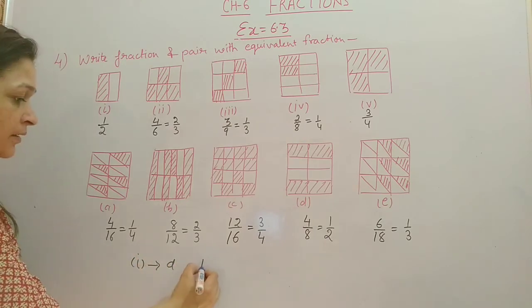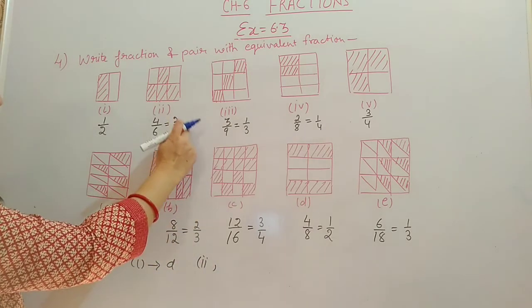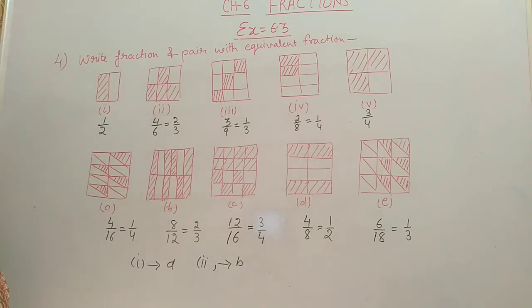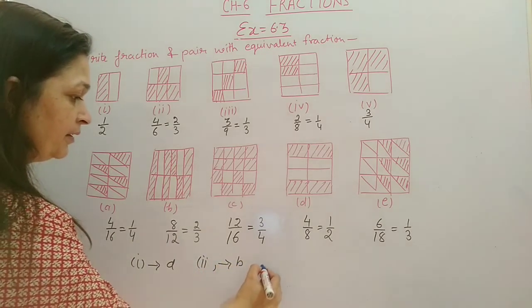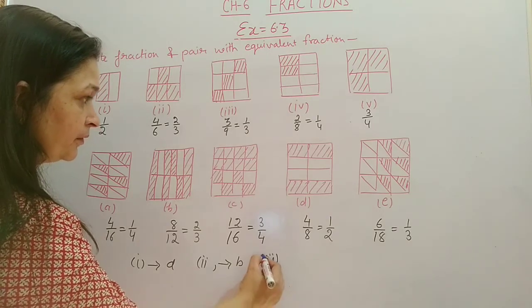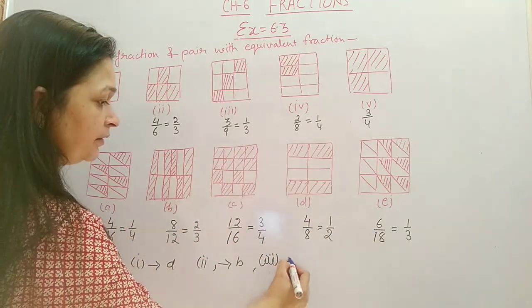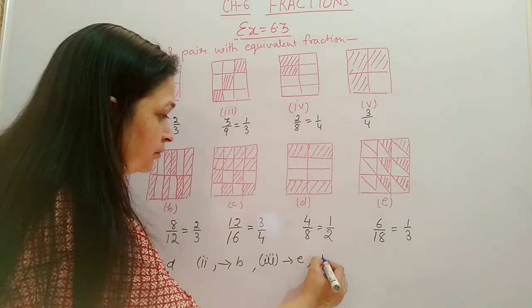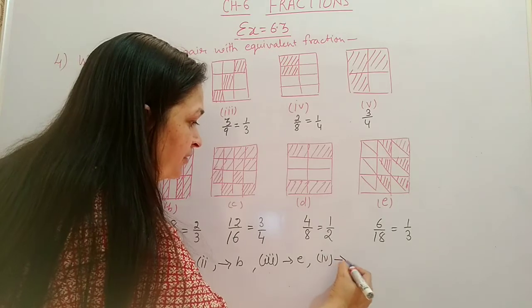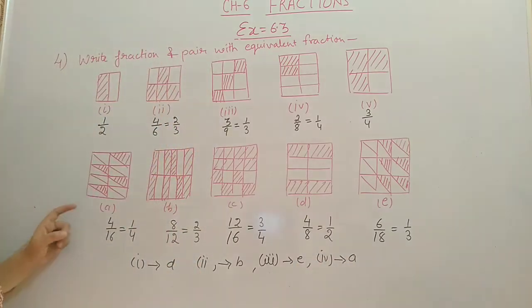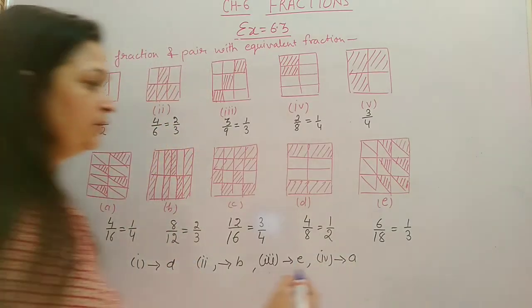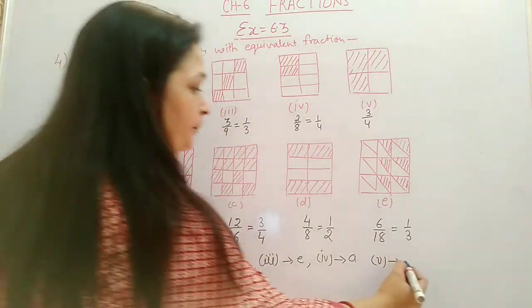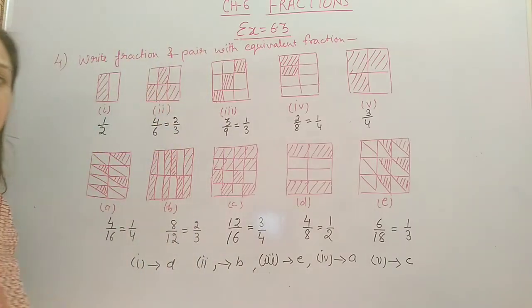Then the second part, 2 by 3, is paired with B. Next, the third part, 1 by 3, is paired with E. Fourth part, 1 by 4, is paired with A, and last, the fifth part, 3 by 4, is paired with C. Like this you have to match it.